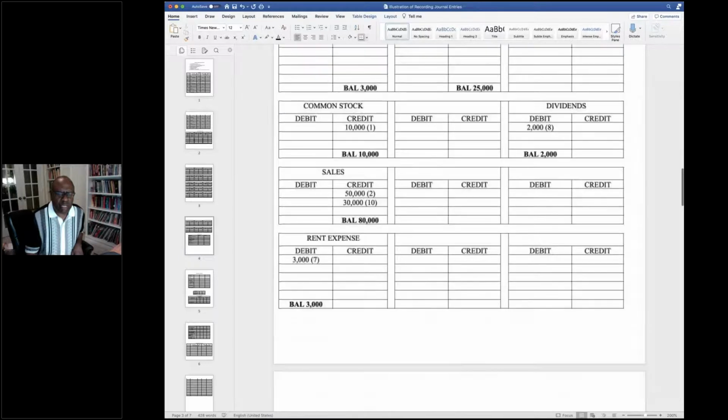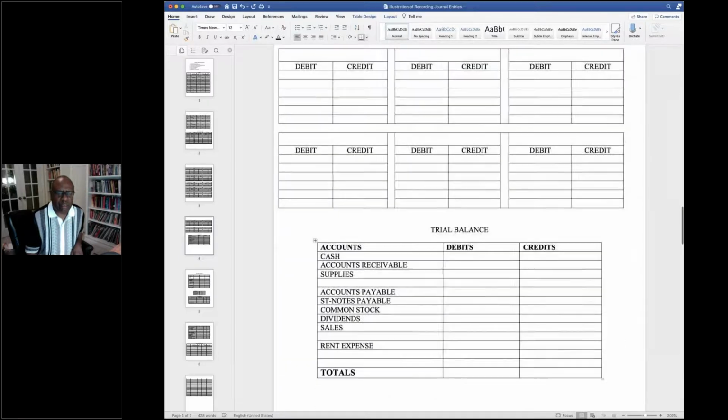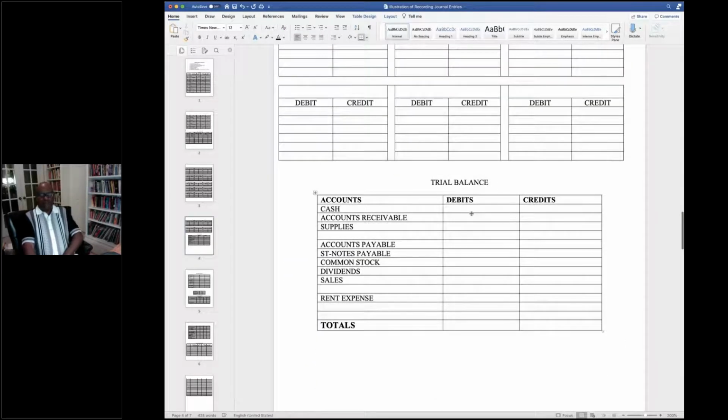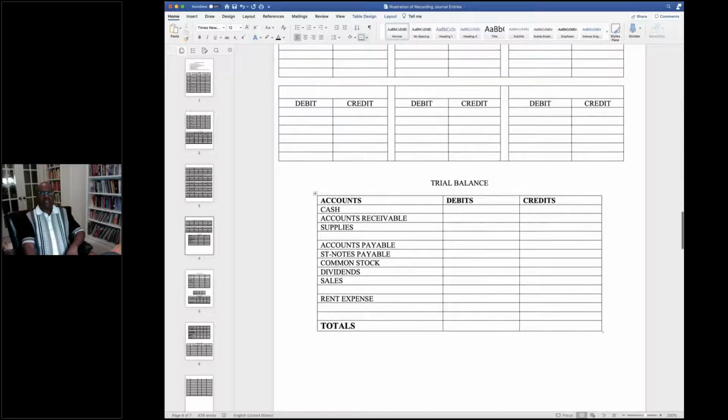So what we're going to do is to prepare a trial balance. The trial balance is always prepared in the order of the chart of accounts. Assets, liabilities, stockholders' equity, which includes dividends, revenue, and expenses. And so we always are going to prepare our trial balance in this order. And our goal is simply to see if we're in balance, if our debits equal our credits.